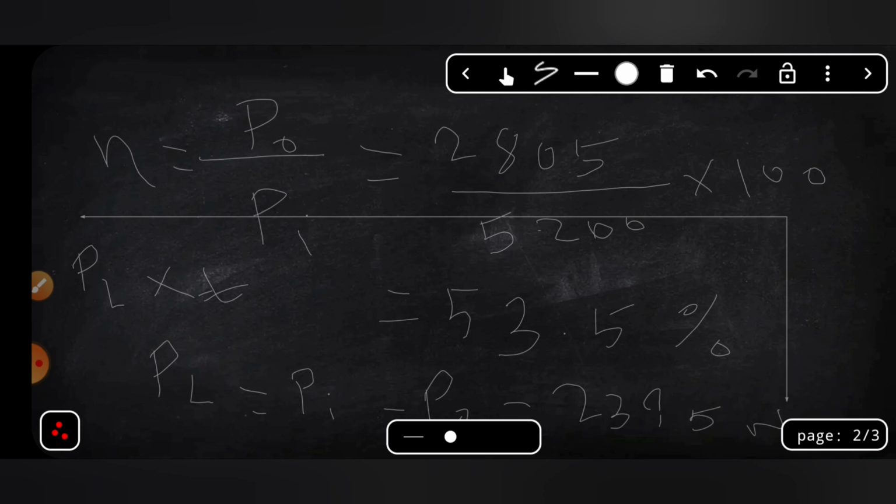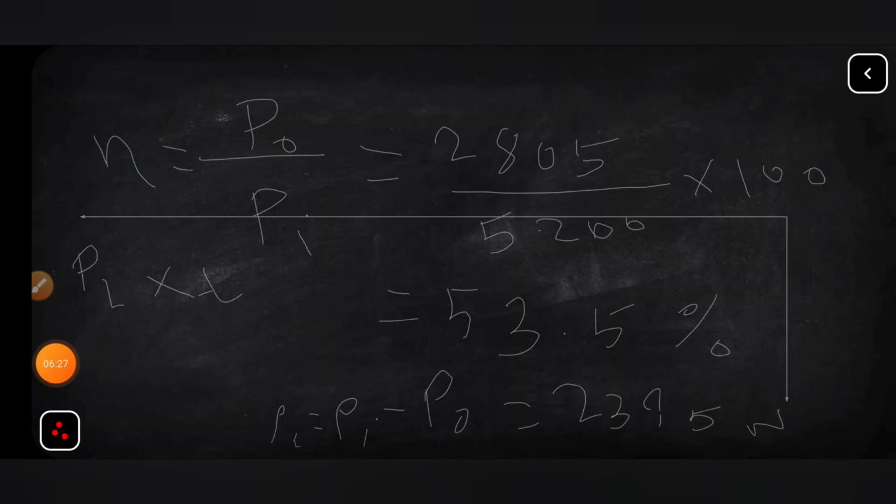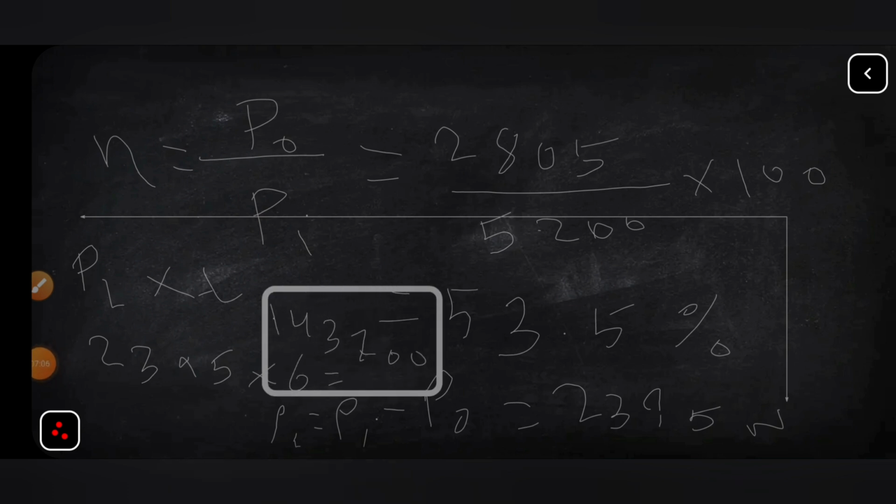So multiplying our power loss, that is 2395 watts, by 60 seconds, this will give us 143,700. Now this is the amount of energy lost per minute, and this is obviously in joules.